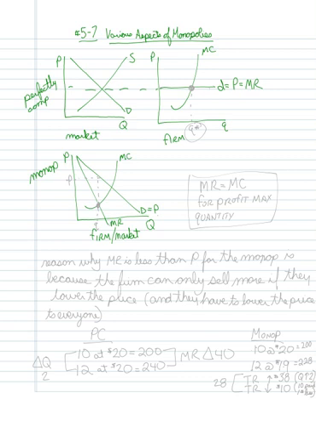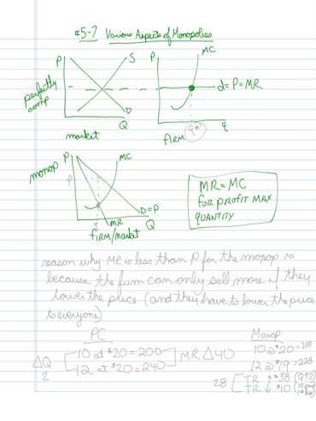Now, I still follow the same rule. Marginal revenue still equals marginal cost for the profit maximizing quantity. That is still true, except as you can see here, the marginal revenue is different for the monopoly.